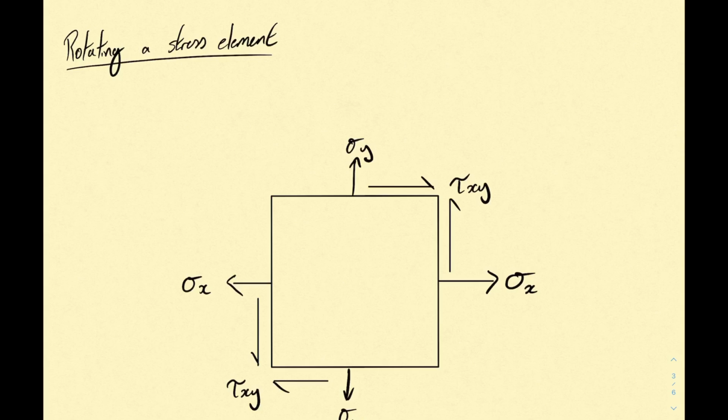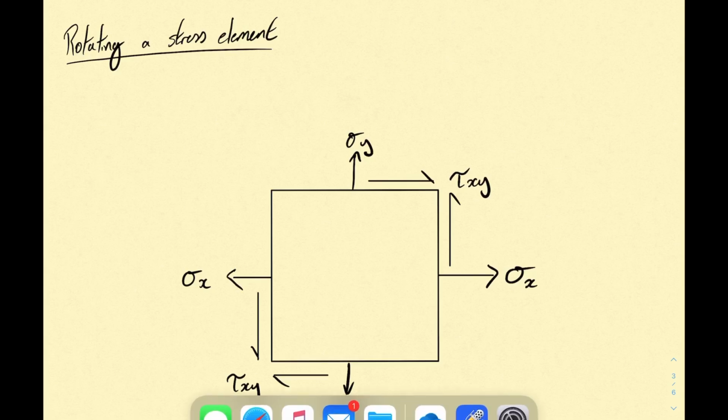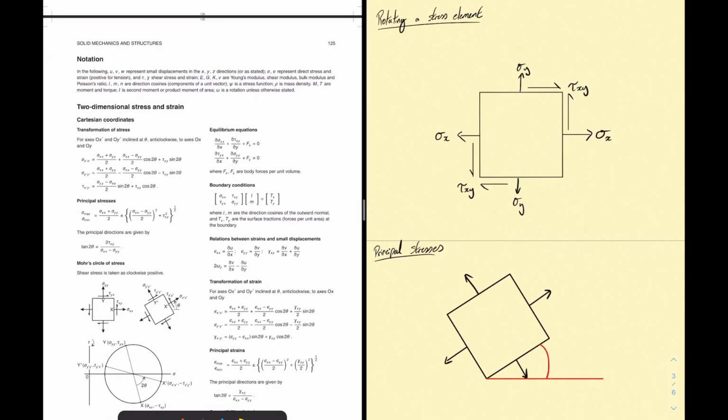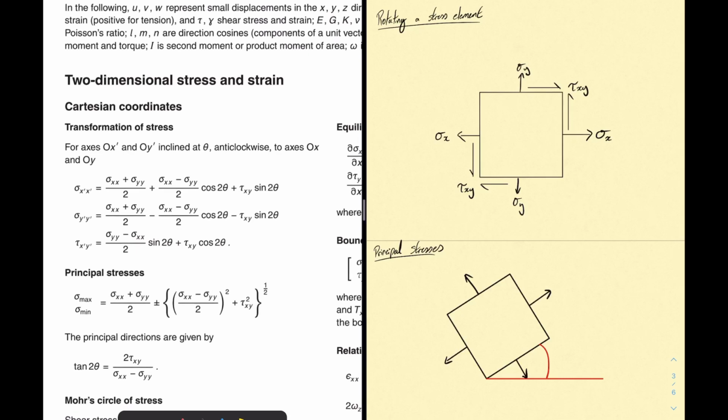If we get to rotating a stress element in itself, one of the main ways you can do this is by applying the transformation equations. Now, if I just bring up HLT, you'll notice that we have the transformation equations provided, along with some details on principal stresses and principal directions that we're not going to look at the moment.